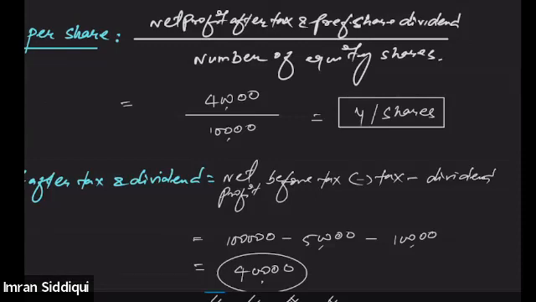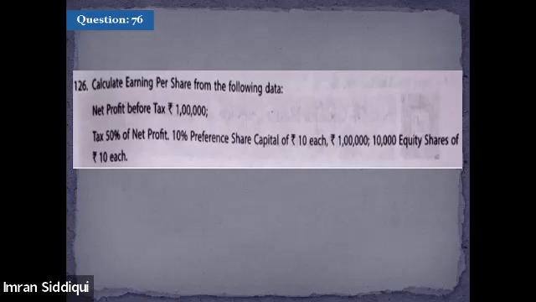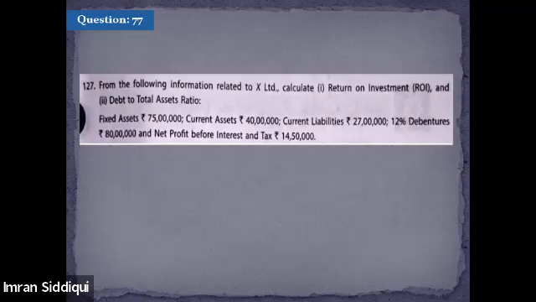Anyway, now let's move to the next question. This time we'll do a question based on the return on investment, ROI, or the return on capital employed as we also call it. You have the formula for return on investment, right? Prerna, what is the formula for return on investment? Profit before interest and tax divided by capital employed into 100. Yes. And you remember the formula for the debt to total asset ratio?